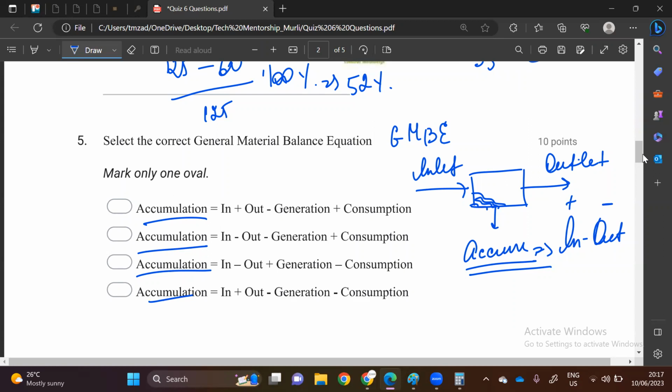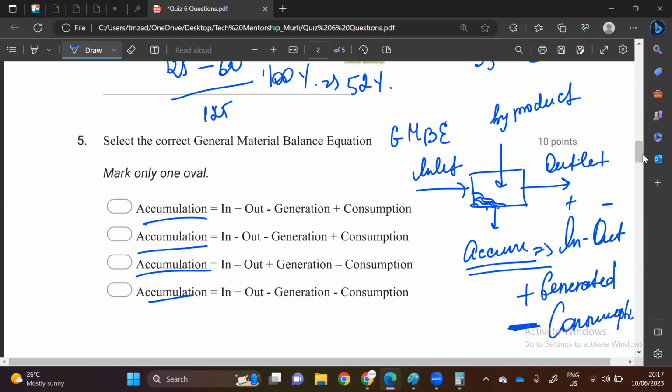Next, something is generated within the system. It can be a byproduct, it can be additional material. It will be plus generation because this is generated within the system. And also consumption, it will be minus sign consumption because the inlet feed materials, raw materials must be consumed in order to generate something, in order to get the outlet products from the system. Our equation will become accumulation is equal to inlet minus outlet plus generation minus consumption.